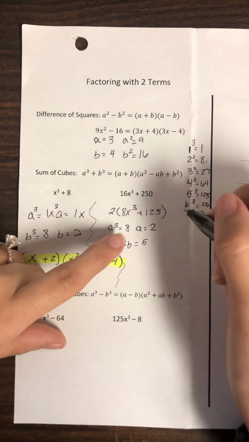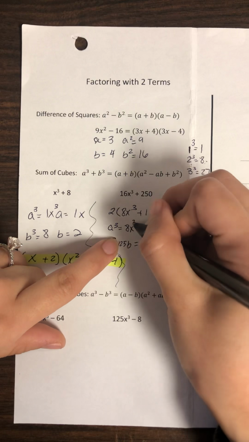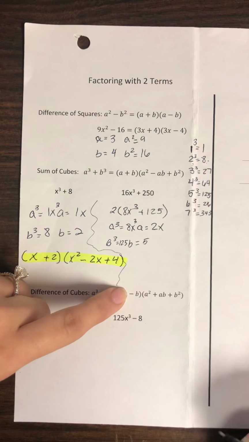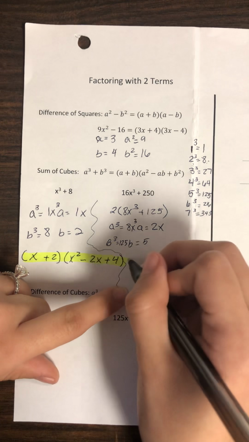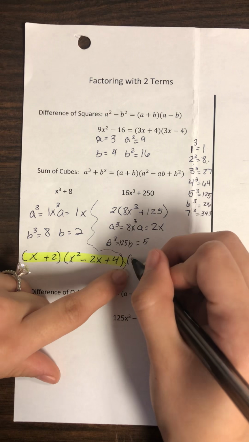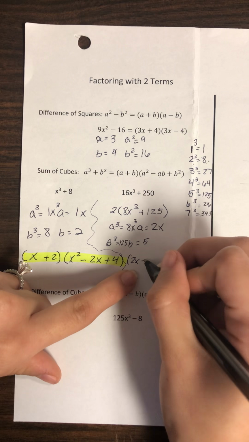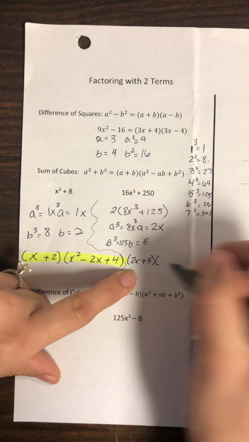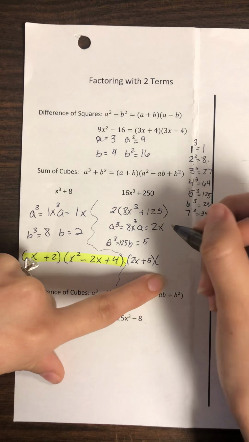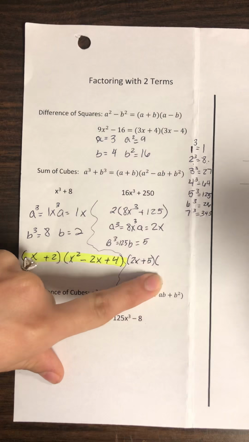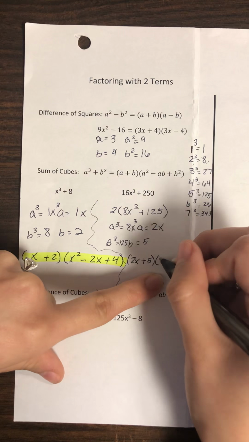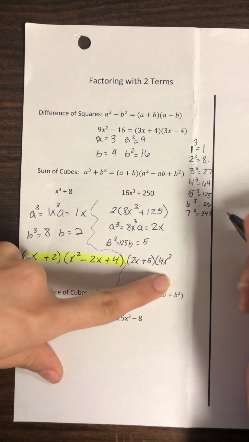Now remember, my a is the one that is going to have x's, right? So I just plug it in. What is my a value? 2x. Plus my b value, 5. Parentheses. What is 2x squared? Well, what's 2 times 2 itself? Again, 4x squared.